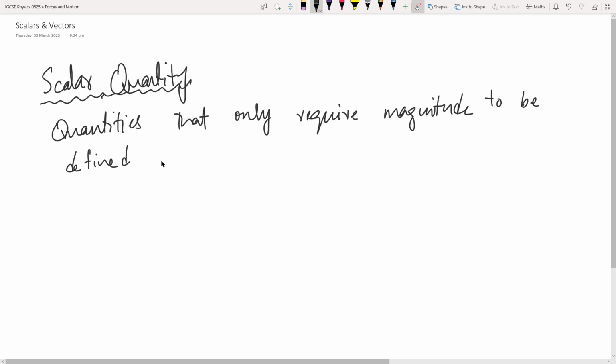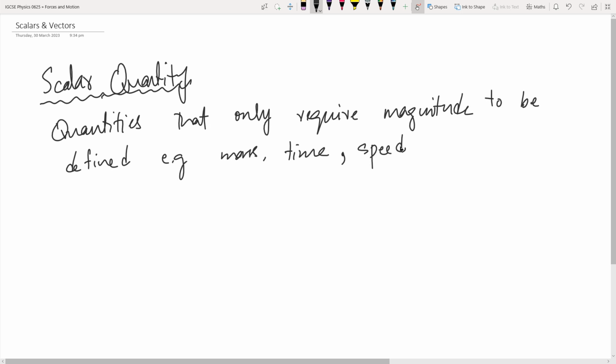Those are scalar quantities. For example, we have mass, we've got time. Time doesn't have a direction. You don't tell them that it's 16 seconds to the north or 14 kilograms to the south, right? You don't tell directions with these scalar quantities. Then we also have speed.